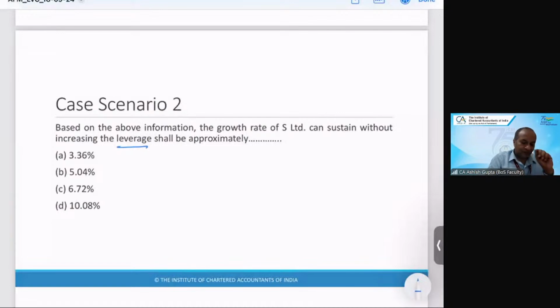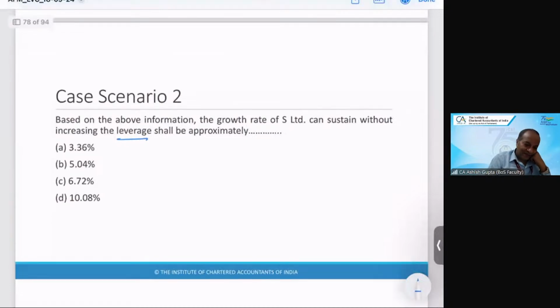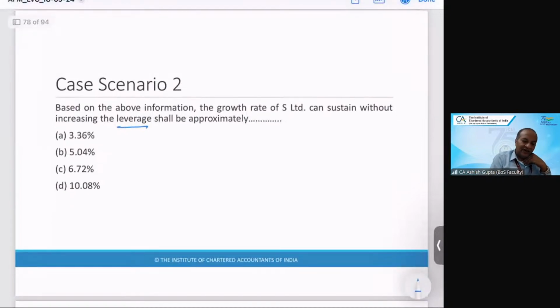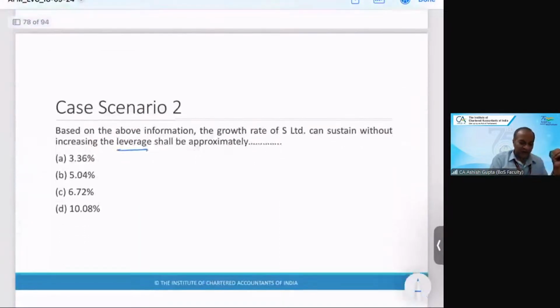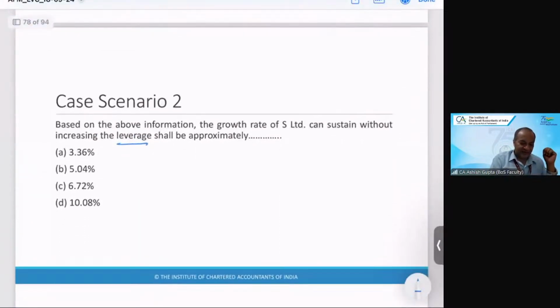Here we shall see how we can increase financial leverage, and at what rate we can achieve it. We can increase our leverage using external financing, but we shall not use equity. We shall use only debt. Accordingly, what will be the answer?